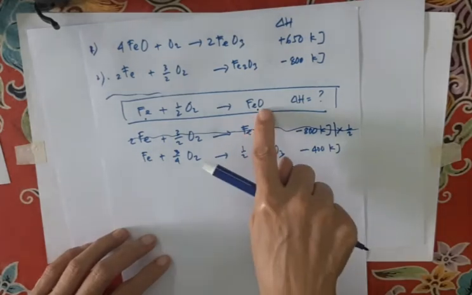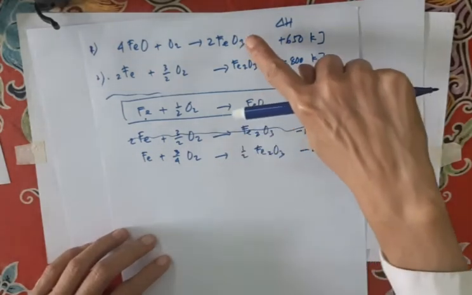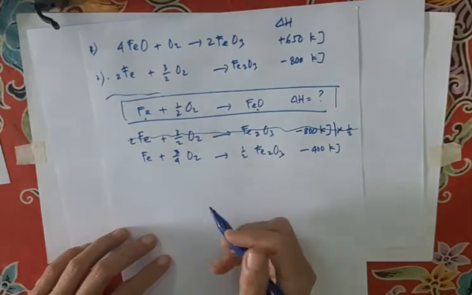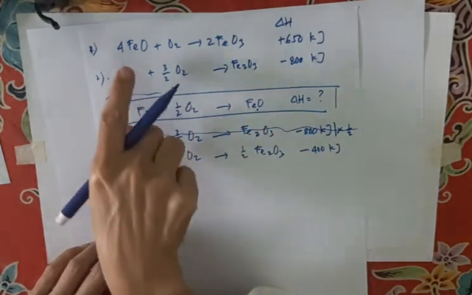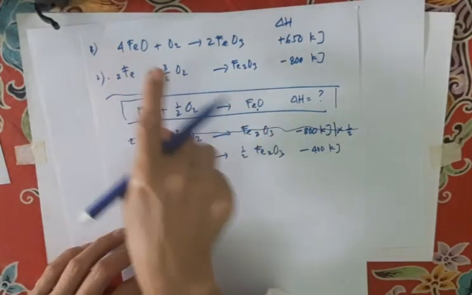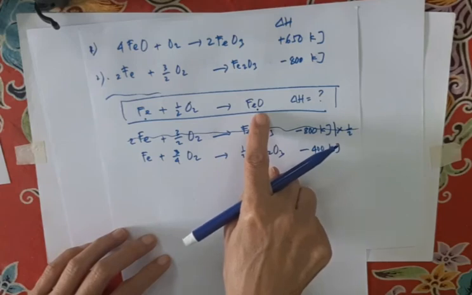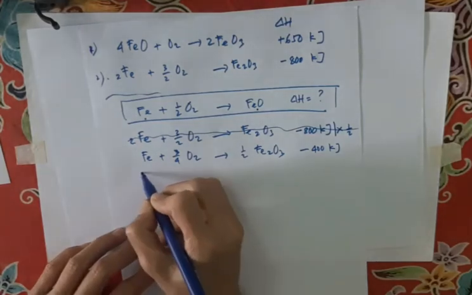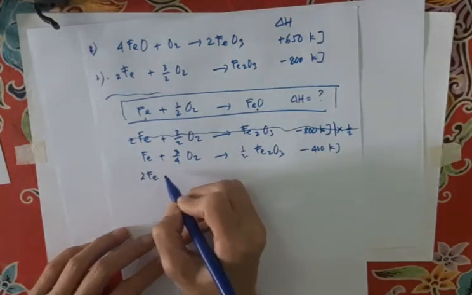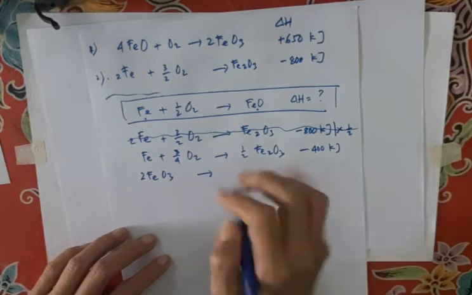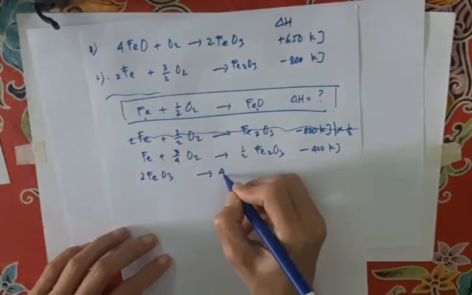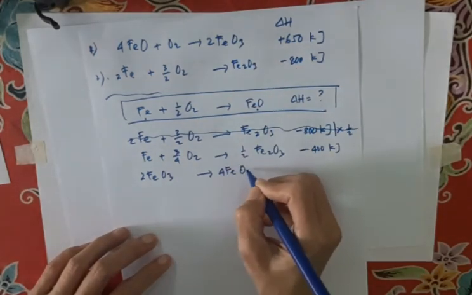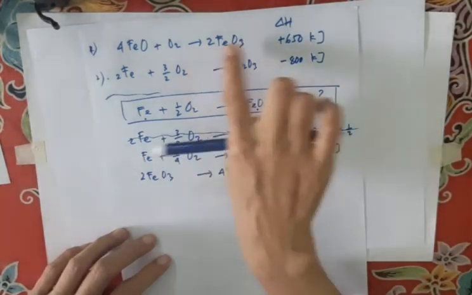And FeO comes from the first equation, but it's on the left side. We must modify it. We must reverse this equation, right? 2Fe2O3 turns into 4FeO plus O2.